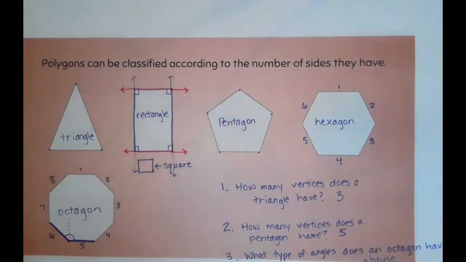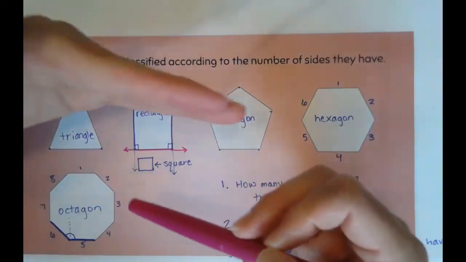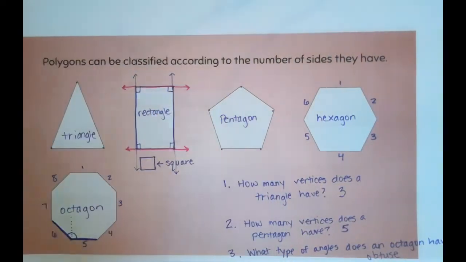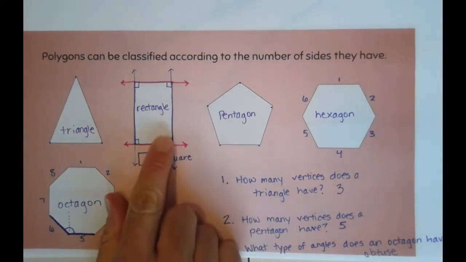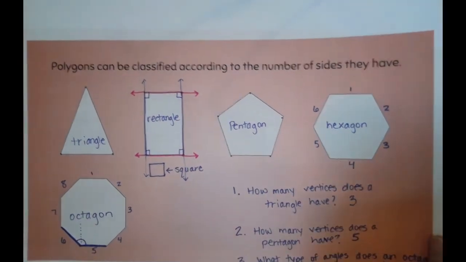Okay? Now obviously this line intersects with this line, but these two would never intersect with each other, and these two would never intersect with each other. So a rectangle has two sets of parallel lines. That's another thing that we're going to be discussing when we talk about shapes.